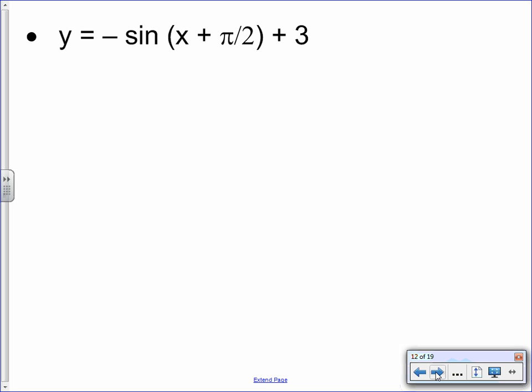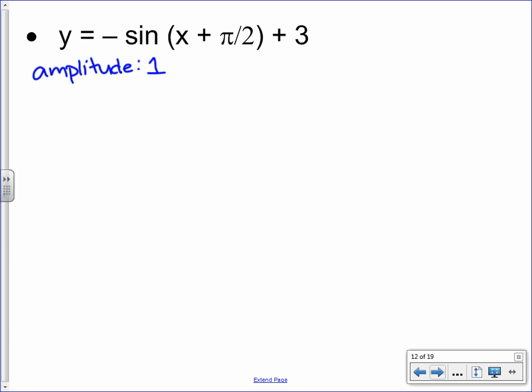First example. What is our amplitude? 1.